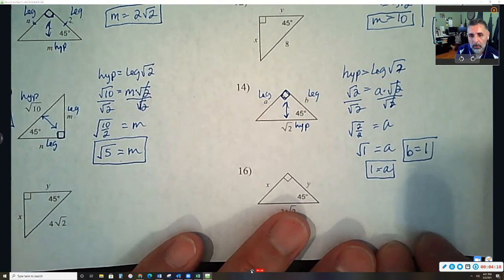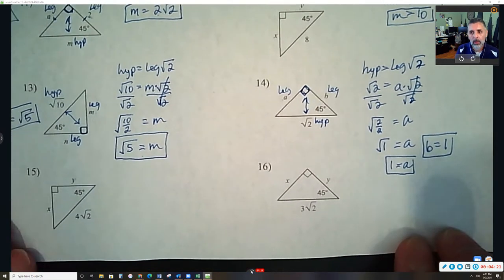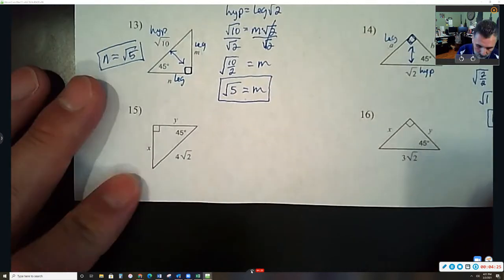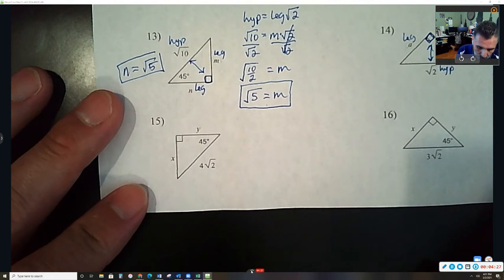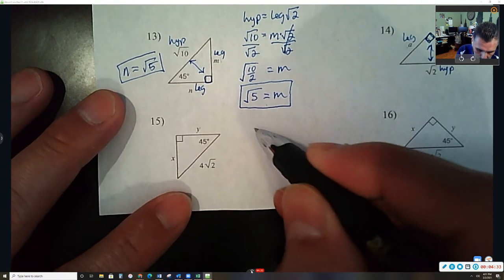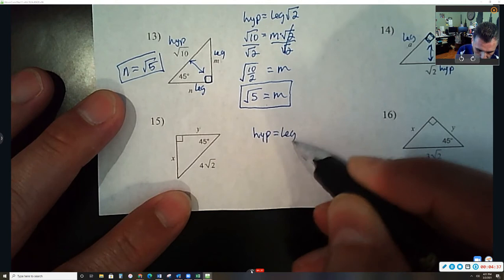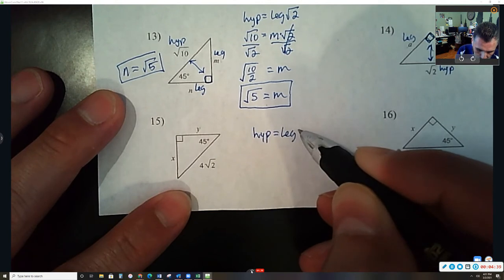So let me jump to 15. 15 and 16 are easy. Sometimes you can see the pattern. Remember, the hypotenuse is the leg times the square root of 2.